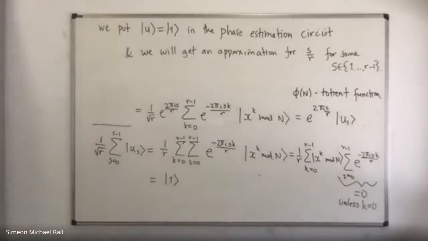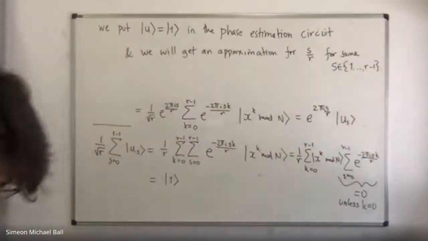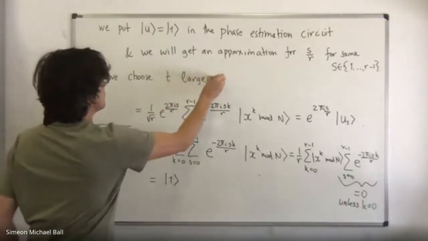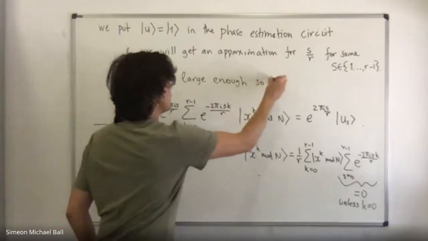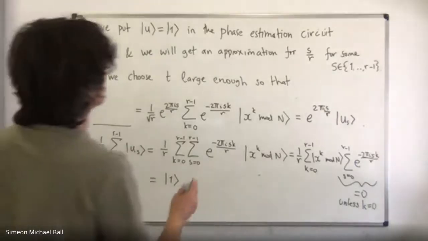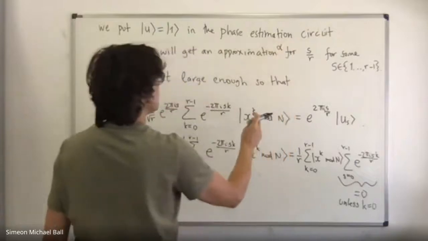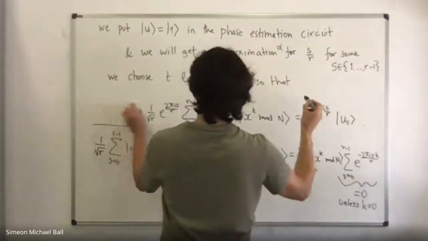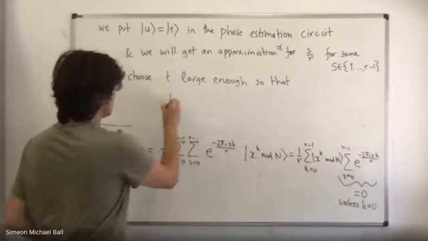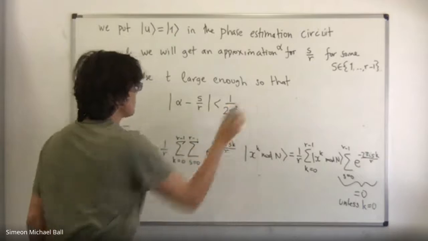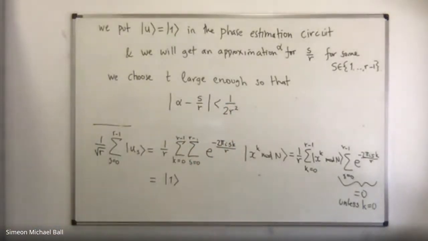So we choose t large enough so that we're guaranteed that, let's call this estimate, approximation, let's say alpha for that.